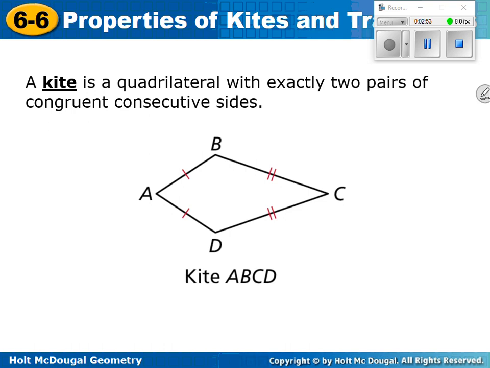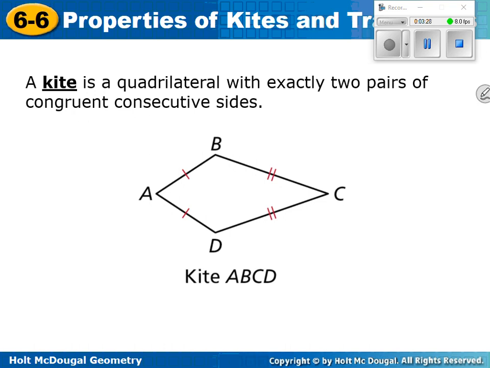Definition for a kite does not change. It is not a parallelogram. A kite is only a quadrilateral. Its definition says it's a quadrilateral with what? Okay, it's going to have 2 pairs of congruent consecutive sides.